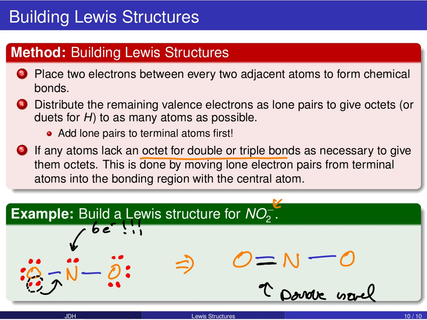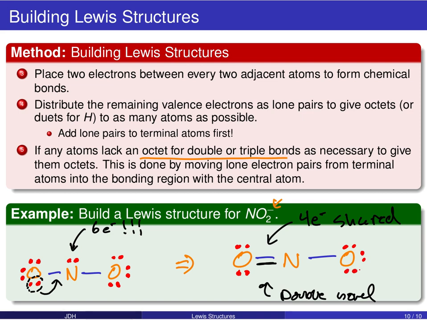Double bond between that oxygen and nitrogen. Remember, a double bond means 4 electrons are being shared between the oxygen on the left and the nitrogen atom. Now there are only 2 lone pairs on the left-hand side oxygen. We still have all 3 on the right-hand side.